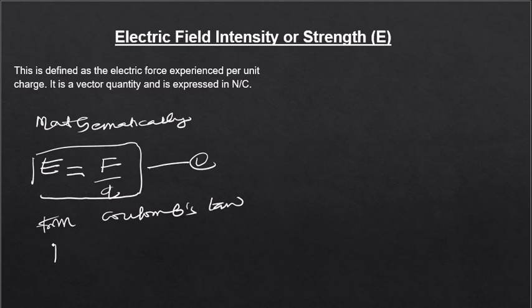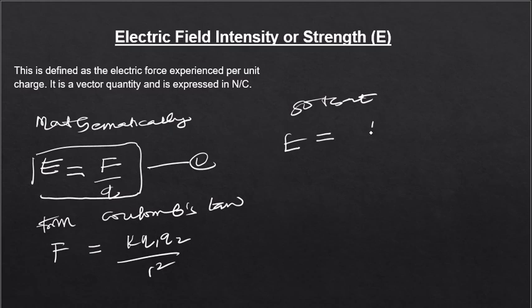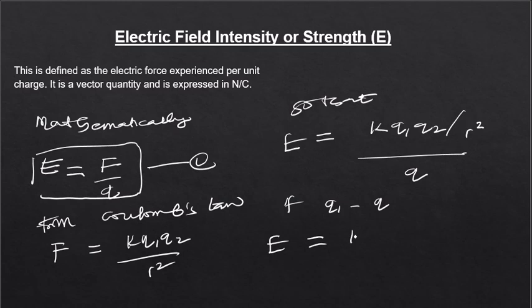From Coulomb's law, F is equal to K Q1 Q2 over r squared, so that E becomes K Q1 Q2 over r squared, divided by Q. So if Q1 is equal to Q, automatically it means that E will be equal to K Q Q2 over r squared divided by Q, so that this will now cancel this.